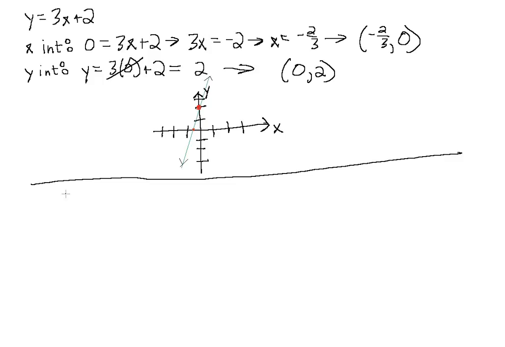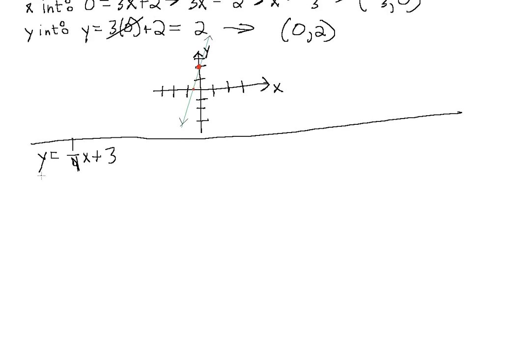Let's say we have y equals 1/4 x plus 3. Okay, so let's go ahead and find our x and y intercepts, and then we can plot our line using these 2 points. So the x-intercept we find by plugging in 0 for y, so 0 equals 1/4 x plus 3, and then we simply solve for x.